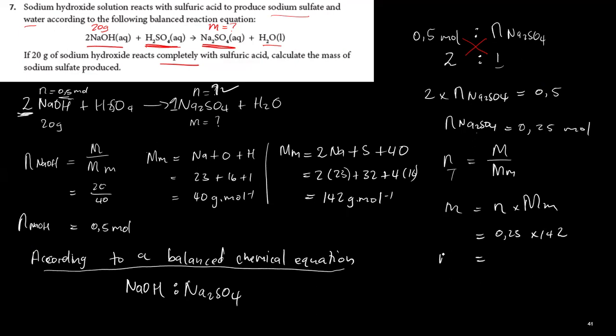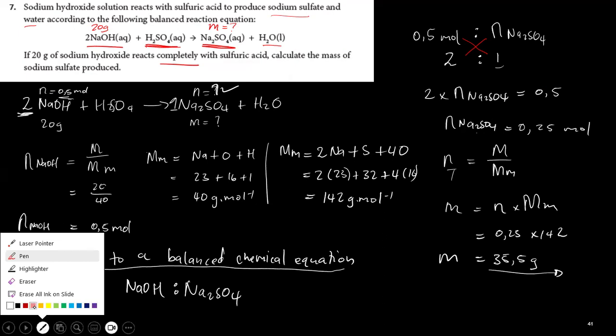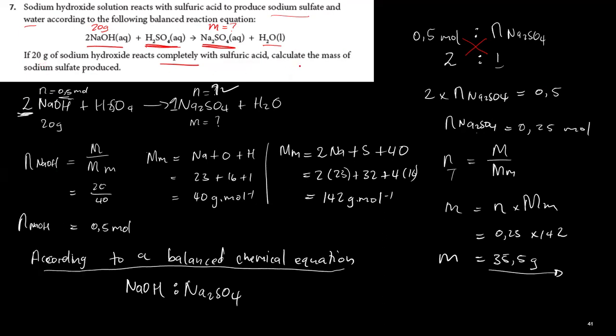So 0.25 multiplied by 142 gives 35.5 grams. Therefore, this is the final answer. Now we managed to get the mass of sodium sulfate produced.